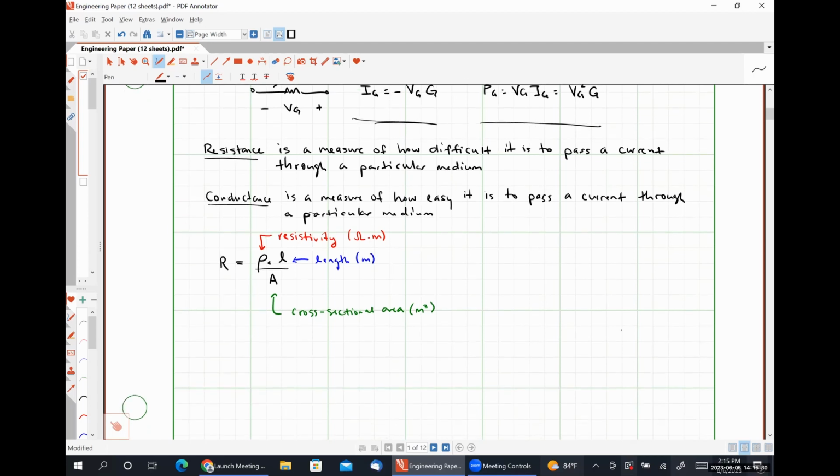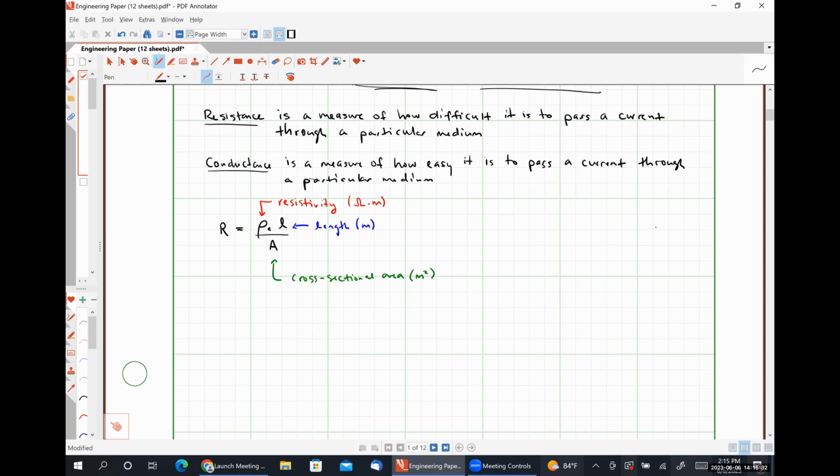So let's say that I have a section of wire, and it's very long. Let's say, for example, that its length is 10 meters. Okay.